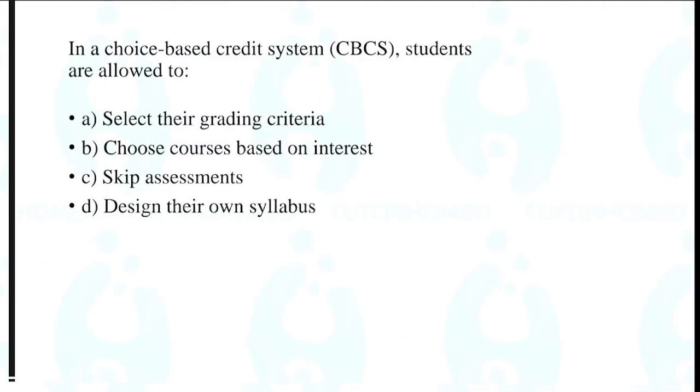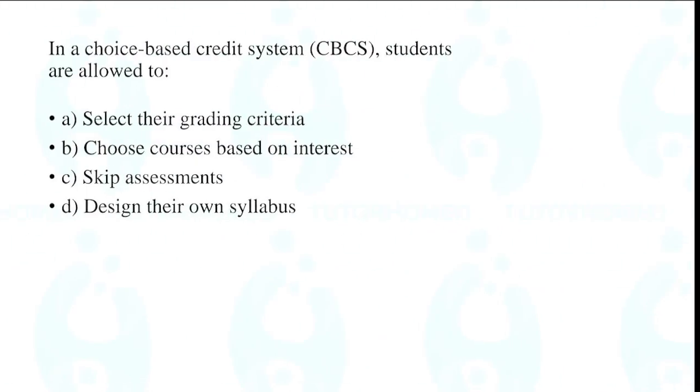The next question is, in a choice-based credit system, CBCS, students are allowed to select their grading criteria, choose courses based on interest, skip assessments, and design their own syllabus. See, when we talk about CBCS, we are allowing the students to choose their courses flexibly, probably across the disciplines and based on their interest.